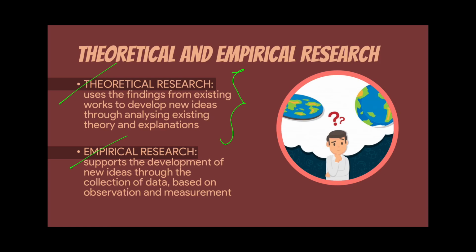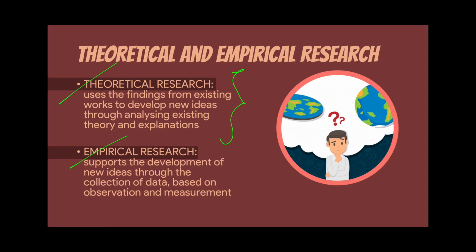It is also a very helpful research. Usually these are literature reviews and theoretical papers. But for empirical research, you are the one collecting the data, or you are working on a data set. Empirical research is more verifiable, reliable, and valid compared to theoretical research.